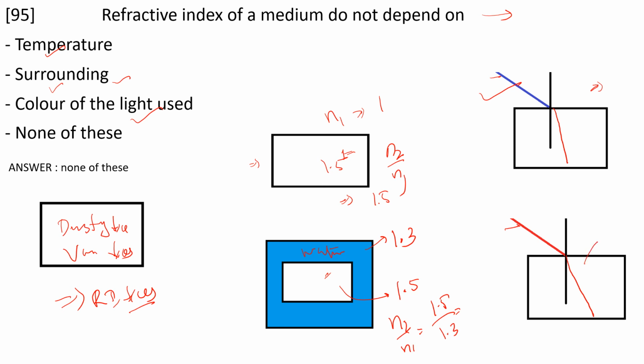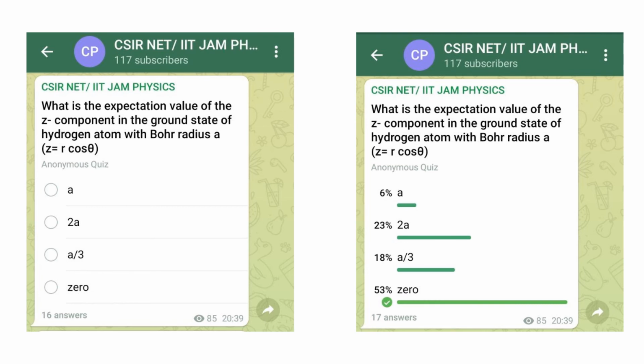This is how you see a question in our Telegram channel. Under the channel name, you will get the question and 4 options. The moment you view the question, you will know how many persons have viewed it out of these many subscribers, and you will also know how many persons have answered this particular question.